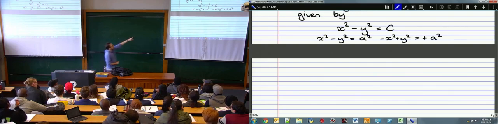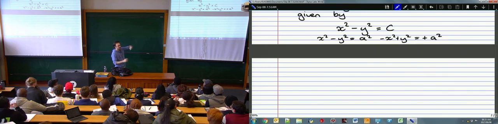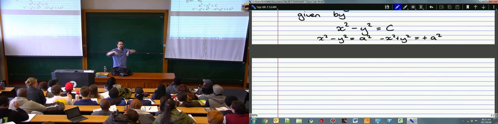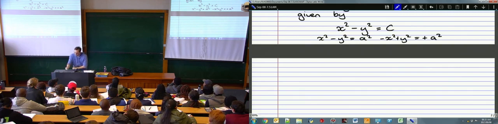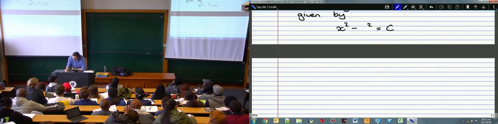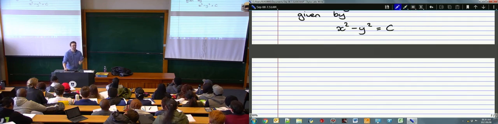So if it's just x squared minus y squared is equal to c, you get hyperbolas that lie horizontally and hyperbolas that lie vertically. If it was x squared minus y squared is equal to c squared, then you only get, I think, the horizontal hyperbolas. Yeah. Be careful. And next time, be more confident in yourself.